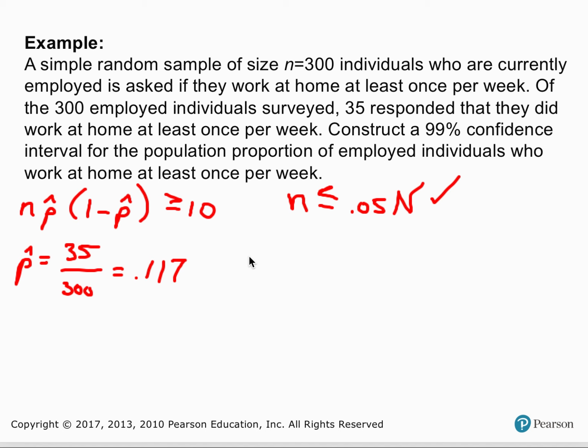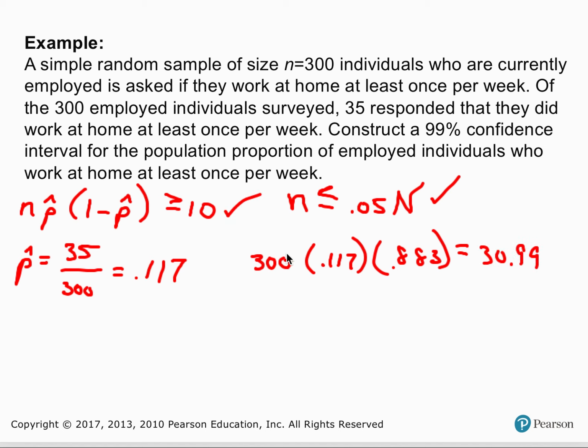We've got 300 times 0.117, and 1 minus 0.117 is 0.883. Let's see what that is. Oh, that's 30.99. So yes, my conditions are met.